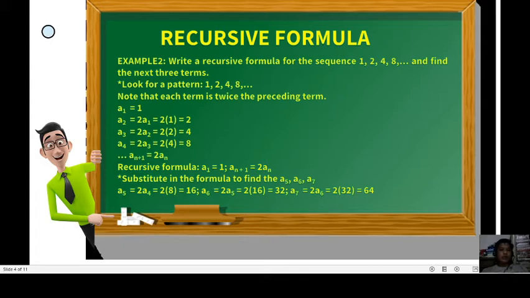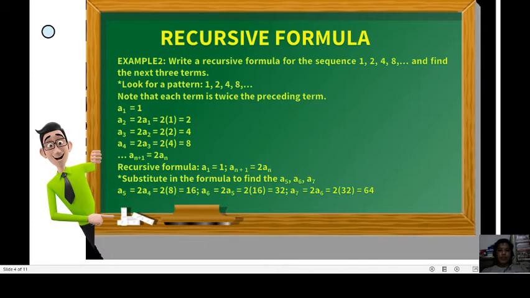Recursive formula: a sub 1, the first term, equals 1, and a sub n plus 1 equals 2 times a sub n. To find the next 3 terms, we substitute in the formula to find the 5th term, 6th term, and the 7th term. 2 times 4, which is 8, is our 4th term. Therefore our 5th term is 16, and 16 multiplied by 2 is 32, which is our 6th term.